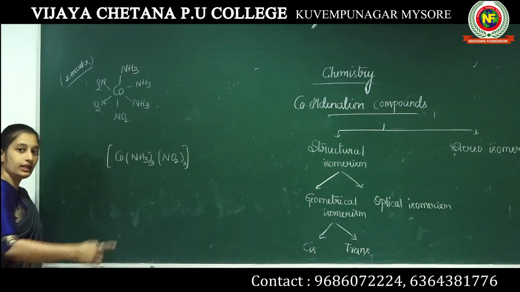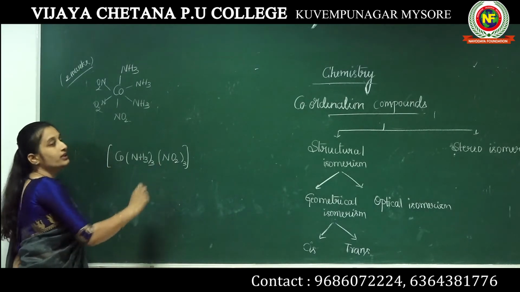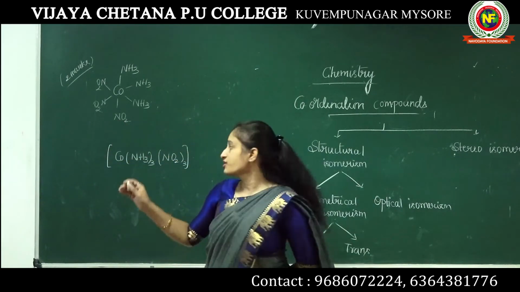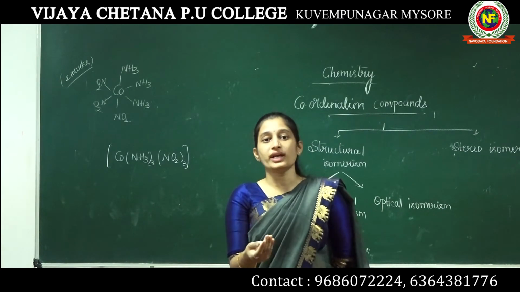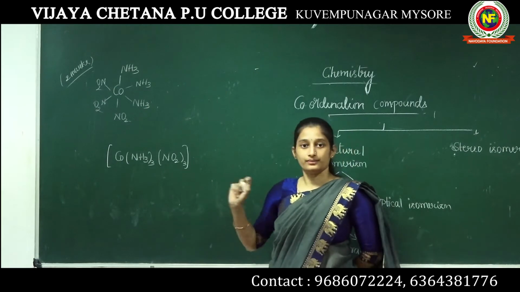See? Co, cobalt, NH3 3 times, NO2 3 times. It's very simple. They will give this formula and they will ask you to write the isomer for this compound.